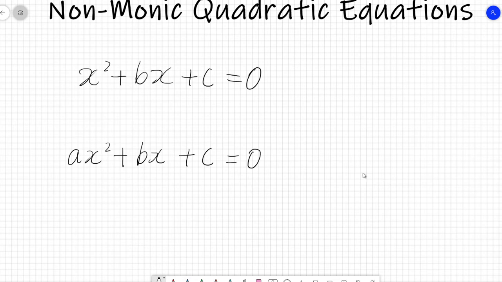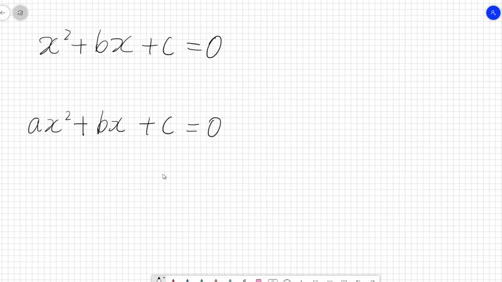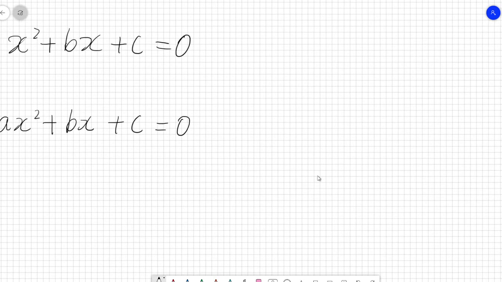Now, before going into factorization, let's consider what kind of expressions will end up looking like this when you expand them. So if you have two factors, let's say 2x minus 5 times x plus 4, what happens if we expand them?